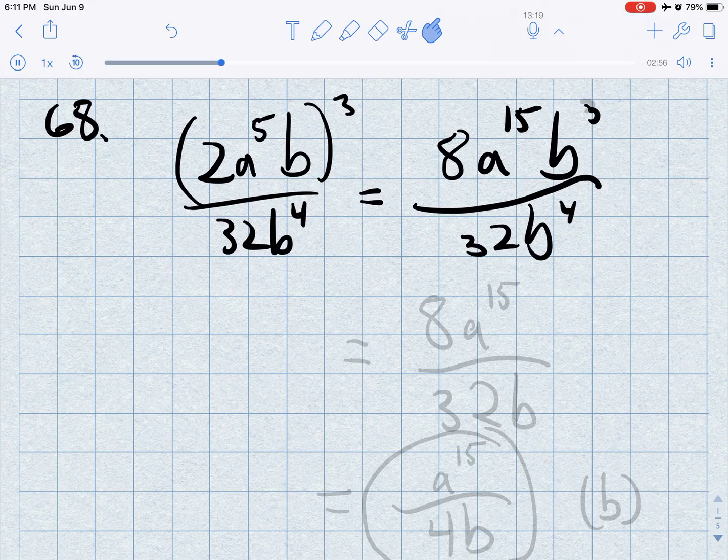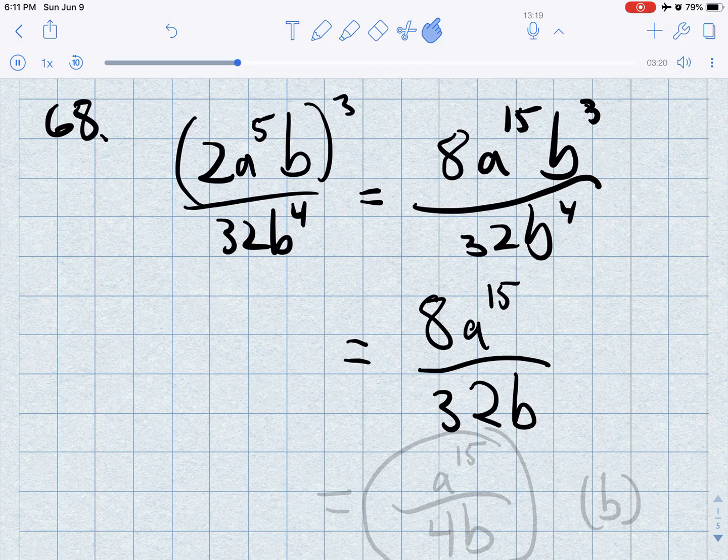Now, if we had b to the third upstairs and b to the fourth downstairs, we subtract those. So now we have 8a to the 15th over, no more b upstairs, we have 32b downstairs.